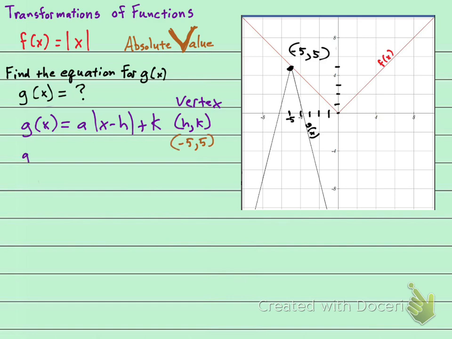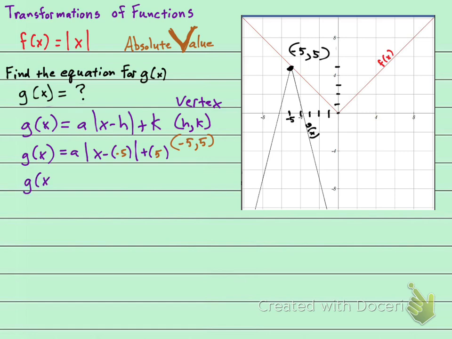So g of x equals a|x - h| + k. h is -5, k is 5. Okay, now note here, two negatives, minus a negative is going to be a positive.